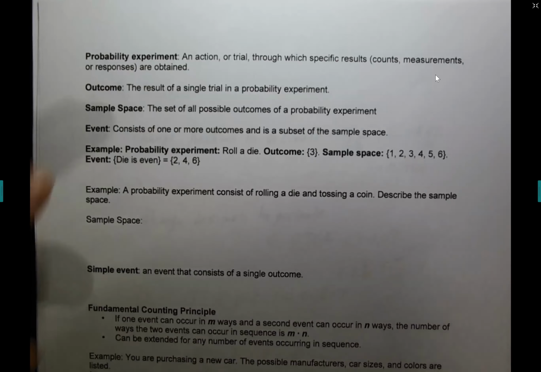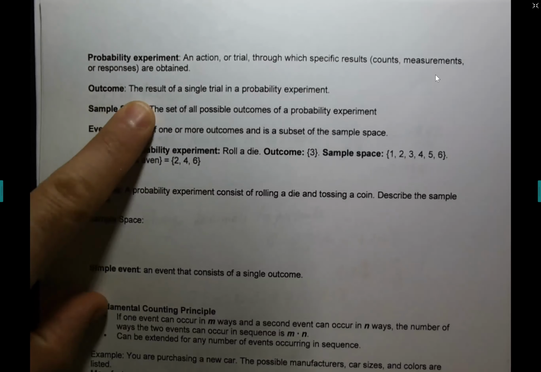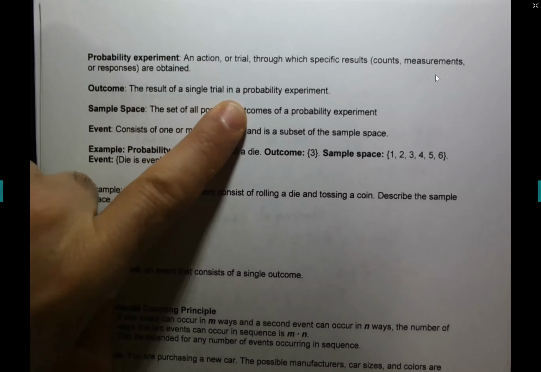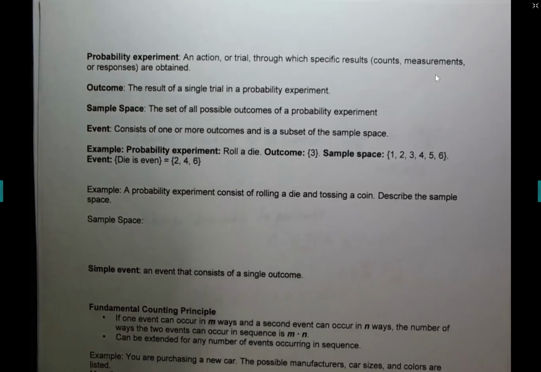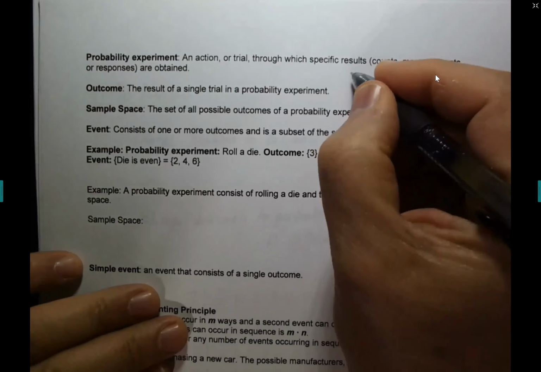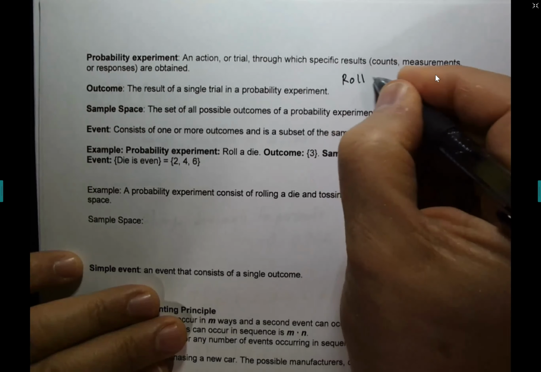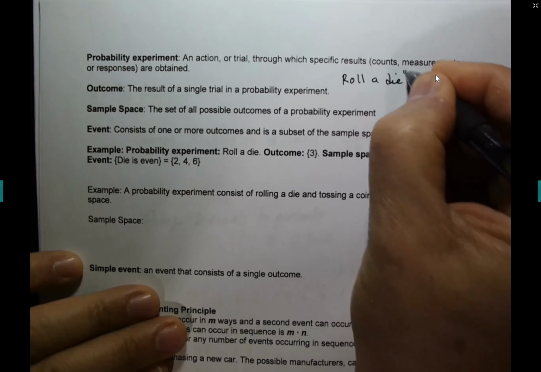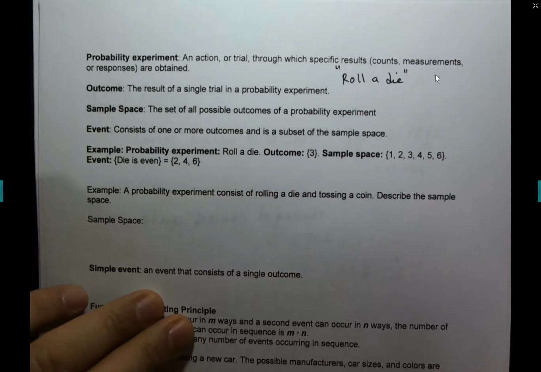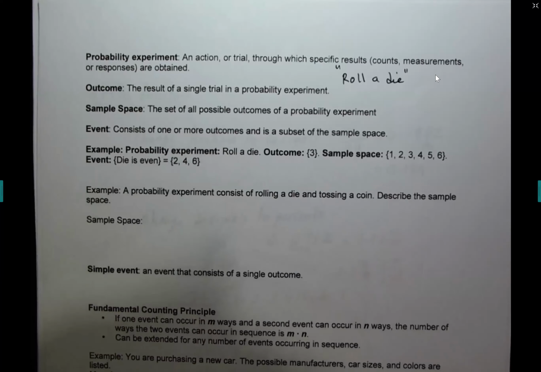What is an outcome? The result of a single trial in a probability experiment. For example, when you roll a die, you don't know, guys, what's going to come up face up. It could be 1, 2, 3, 4, 5, or 6. We said if you get 6, you win, but you don't know that it's going to be 6 for sure.